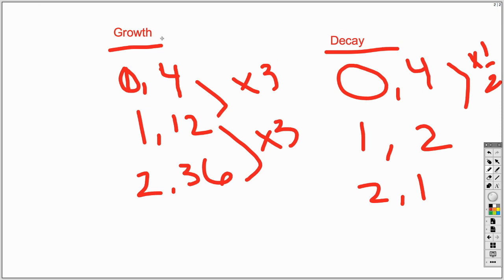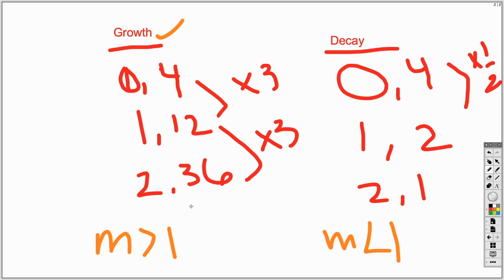If the slope is greater than 1, then that's growth. If it's less than 1, it's decay. And obviously if it's 1, it's not doing anything.